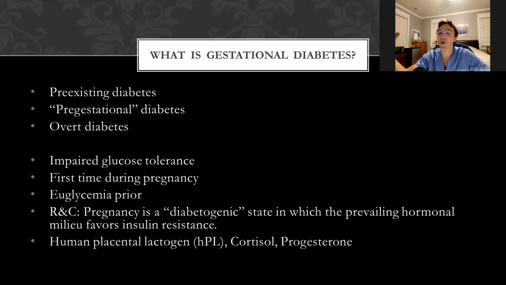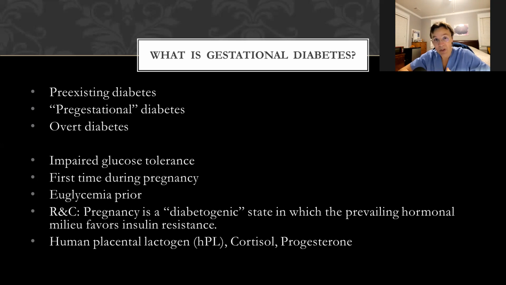And that's why Robbins and Cotran describe this situation as a prevailing hormonal milieu, right? Which hormones are we talking about? Well, we're talking about human placental lactogen, HPL, formerly known as human somatomammotropin. I guess human somatomammotropin is a mouthful, so they decided to use the term human placental lactogen, which I think is a great term because it tells you where it is coming from.